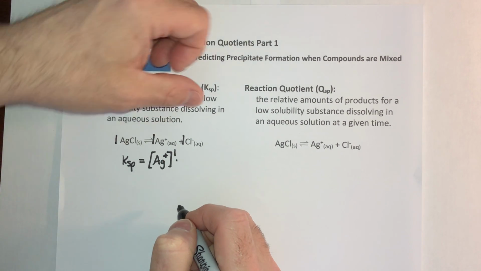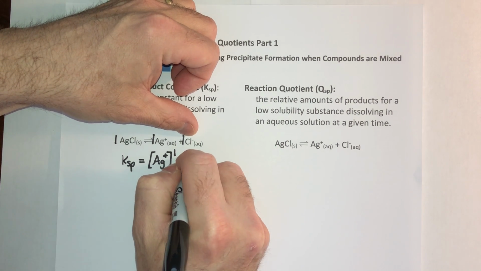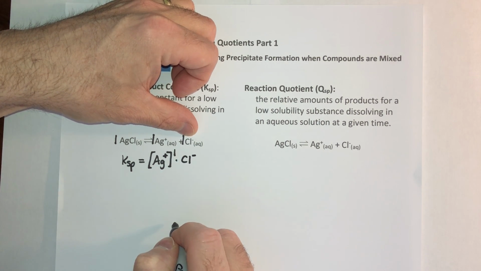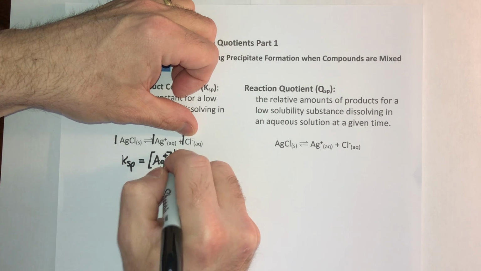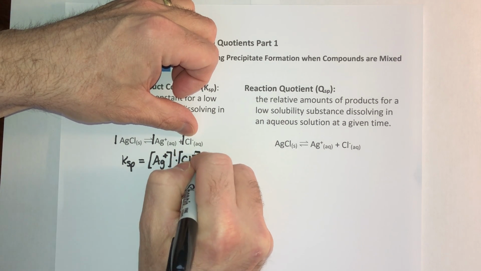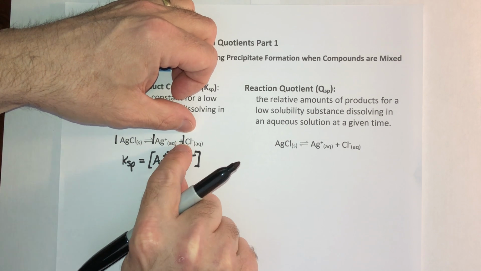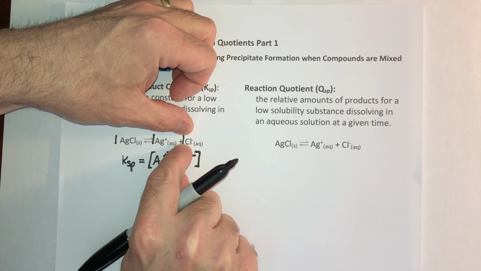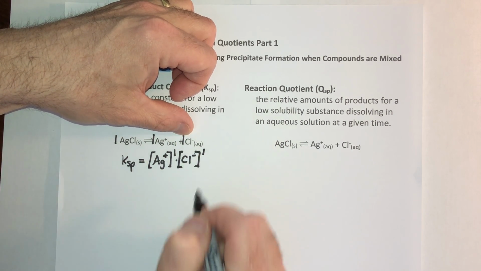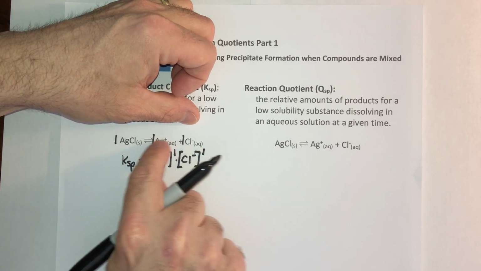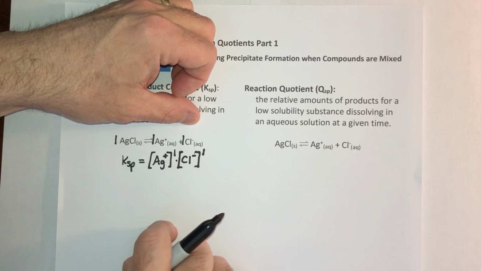Now, I do have a second product. The second product is a Cl-. Again, I want to talk about its concentration, so nice square brackets. And the number used to balance the equation in front of the chloride is a 1. Therefore, the power is a 1. Okay, so you had two products. They're both in your numerator.